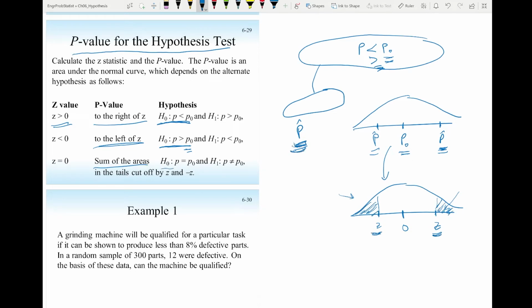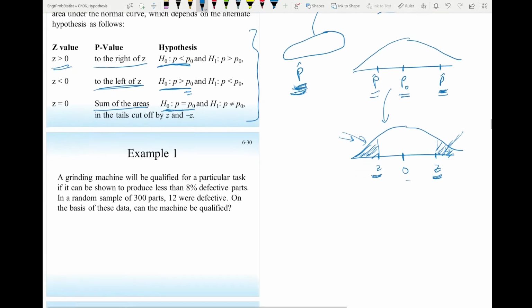Since the sample's proportion did not equal p0, the null hypothesis will go against the evidence. So it will be the proportion of the population equals p0. And then we calculate these. If they come less than 5%, we reject the null hypothesis. More than 5%, we cannot reject the null hypothesis. So these are the rules of thumb to choose the null hypothesis and alternative hypothesis for a proportion claim.